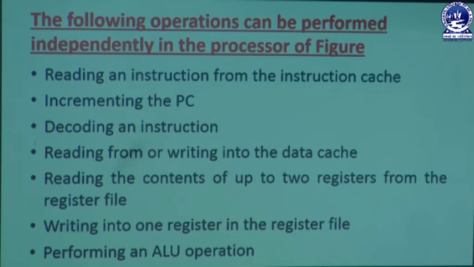Next is decoding an instruction, reading from or writing into the data cache, reading the contents of up to 2 registers from the register file, then writing into 1 register in the register file, then performing an ALU operation. So we will discuss them one after another in that previous figure.